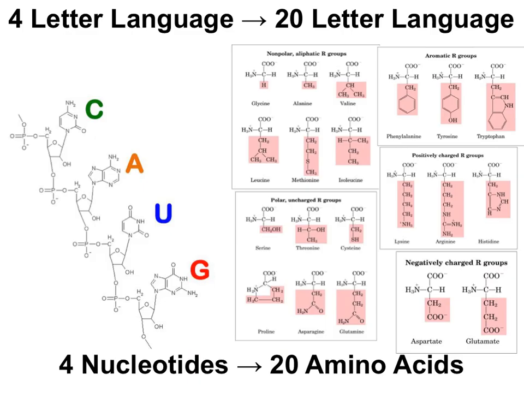A weird thing about translation is that there are only 4 nucleotide monomers in RNA, but somehow using only those 4, we have to figure out which one of the 20 amino acids are being indicated. It took a lot of imagination by a lot of scientists, but they figured out how this works.